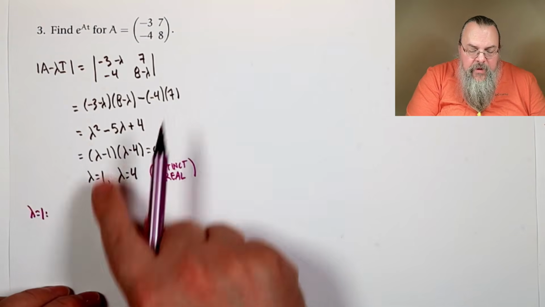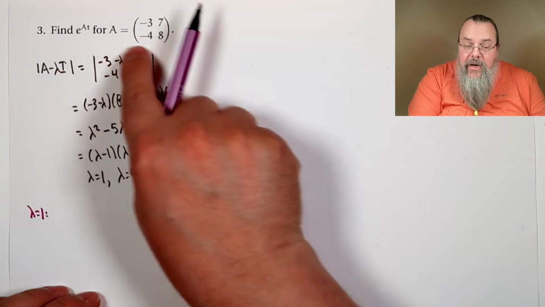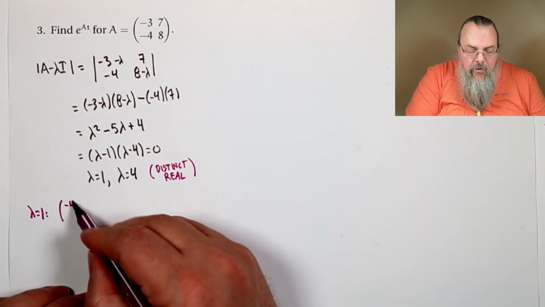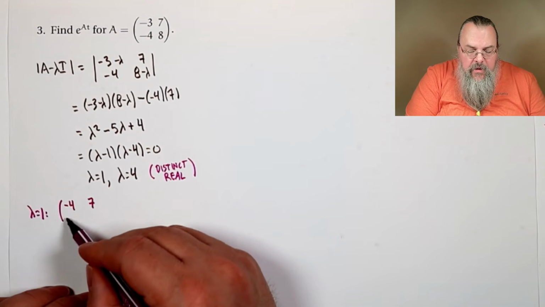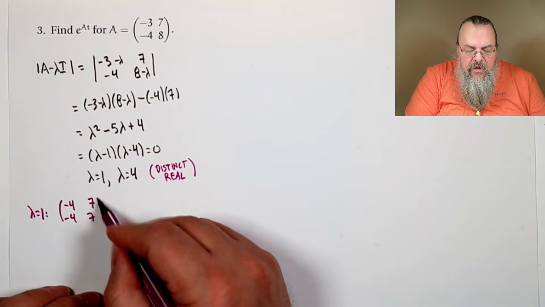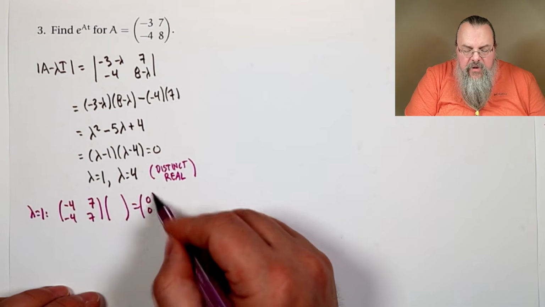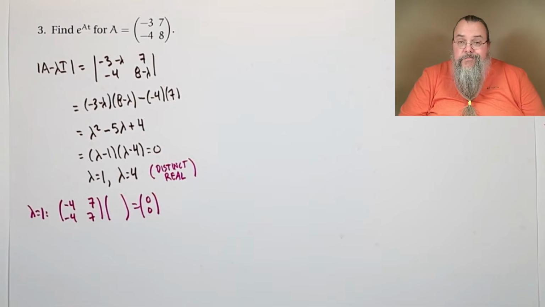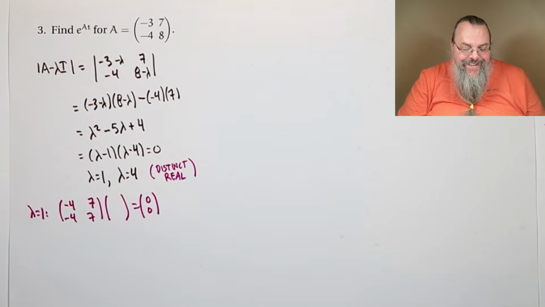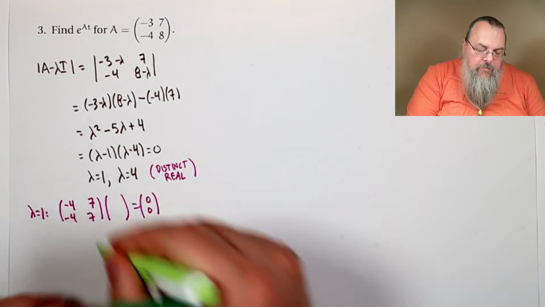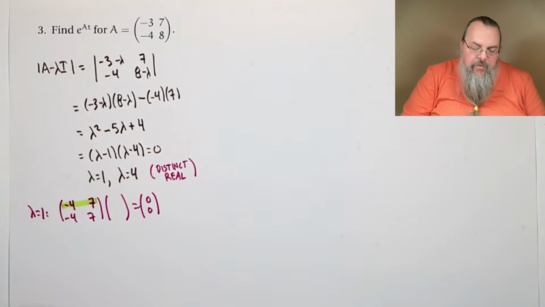And so, here's your A minus lambda I. Put in lambda equals 1. You're going to get minus 4, 7 times something has to give us 0, 0. And the question is, what's the something that does that? Well, it's not too hard to figure it out. And if you're not sure, just grab a row.